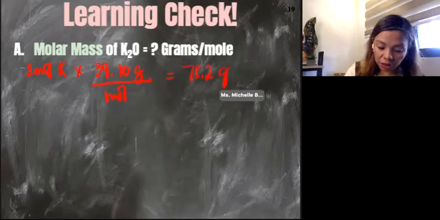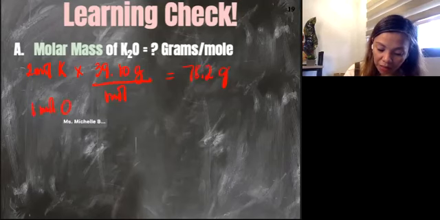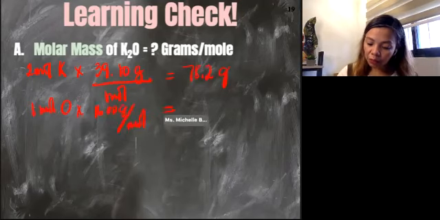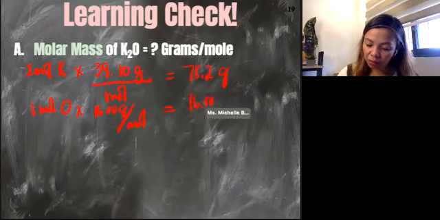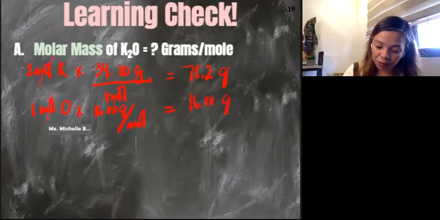Now, for oxygen, there's only 1 mole of oxygen times 16.00 grams per mole. Then we have 16.00 grams. How did we get grams? We cancel out the mole.